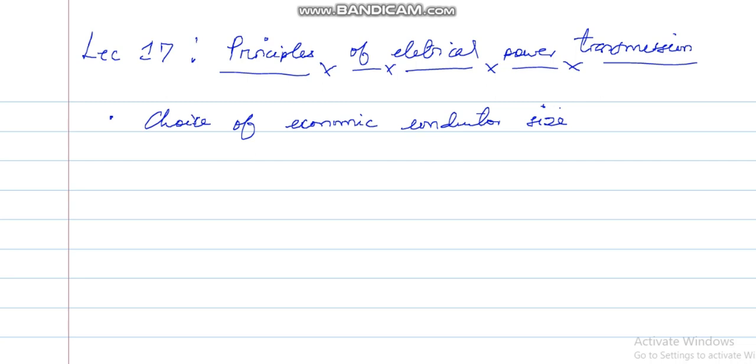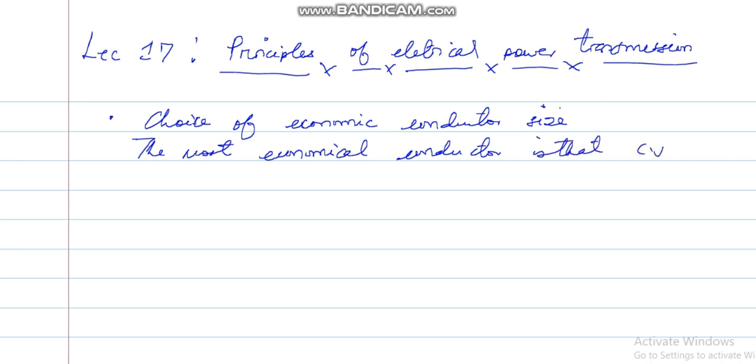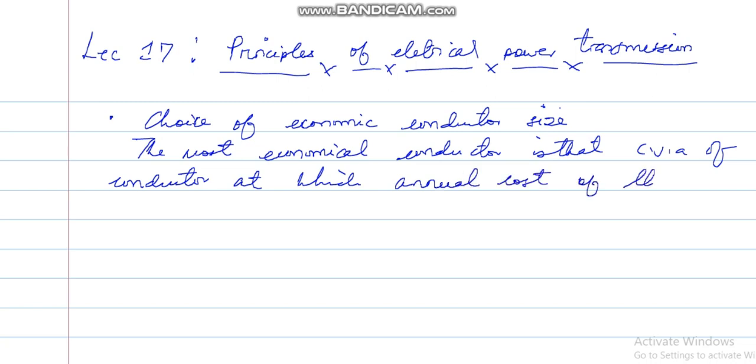Sema the most economical conductor size is that cross section area of conductor at which the annual cost of the transmission line is minimum.